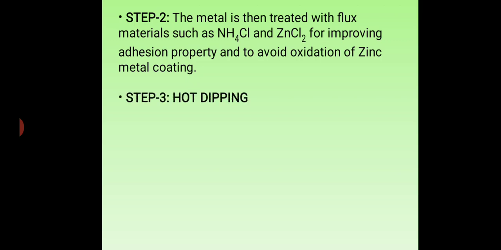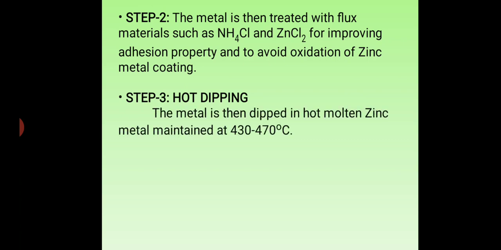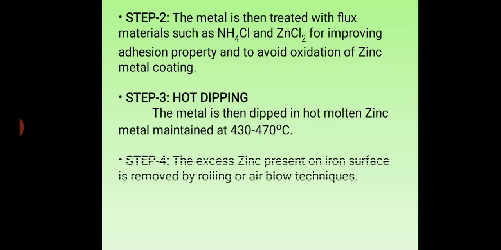The next step 3 is hot dipping. Simple. Here the metal is dipped in hot molten zinc metal maintained at 430 to 470 degrees Celsius. Then step 4: the excess zinc present on the iron surface is removed by rolling or air blow techniques.